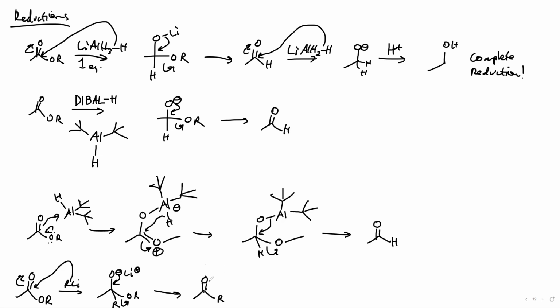Well, now this one's not very hard because, again, if we're in an excess or even 1 equivalent of RLi, the ketone is definitely going to react with the RLi instead of an ester. And so what we're going to get are symmetrical ketones once again.